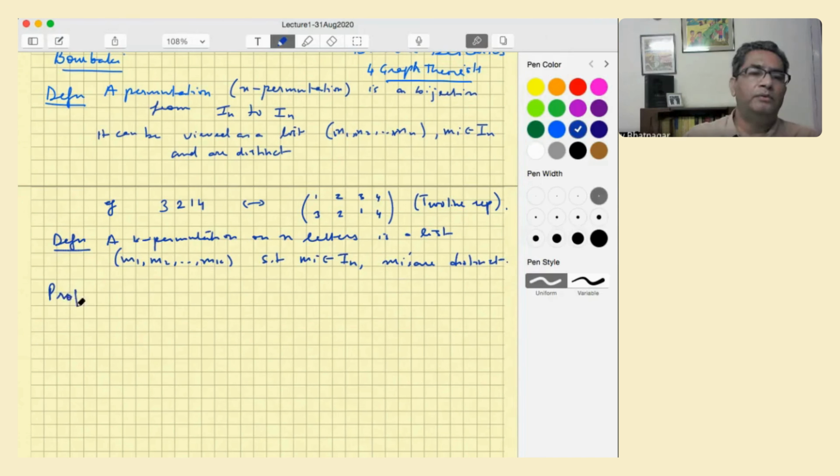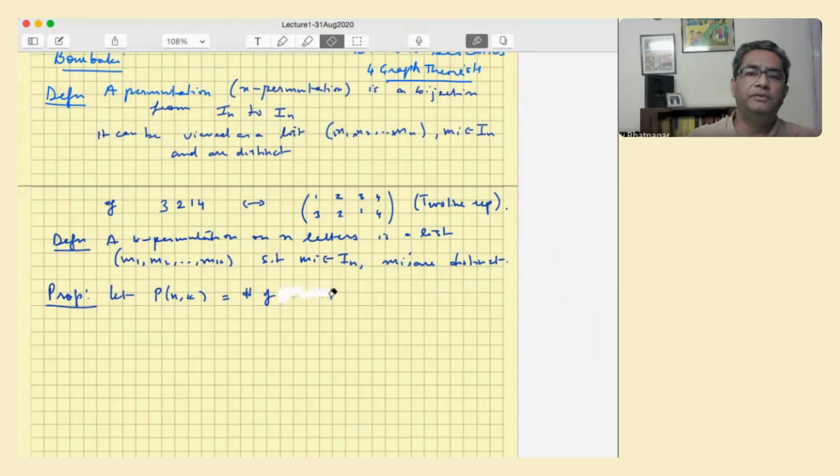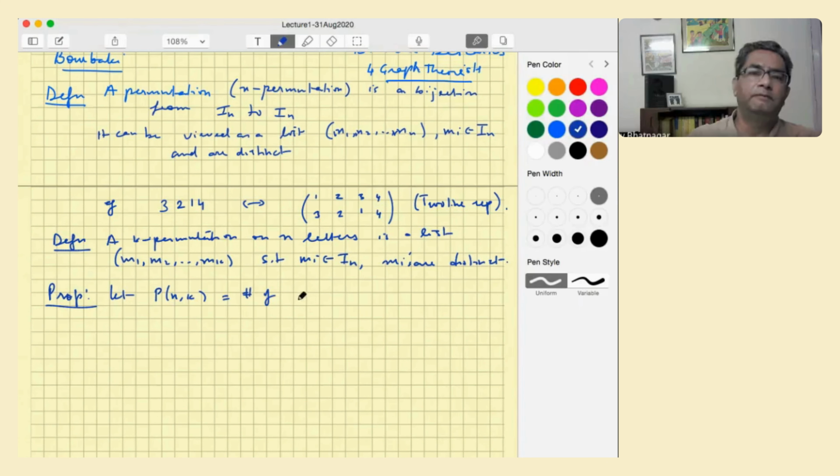So, proposition: let P(n,k) be the number of k-permutations on n letters.